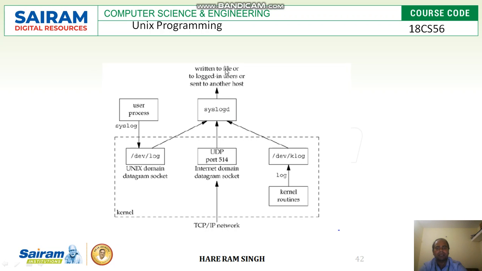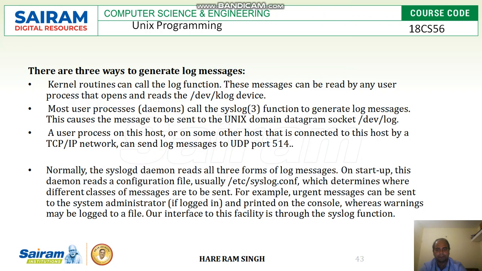Now syslogd will write to a file or to logged in users, or send to another host. So in this diagram we'll see one by one, line by line, how things are happening, whatever I explained.